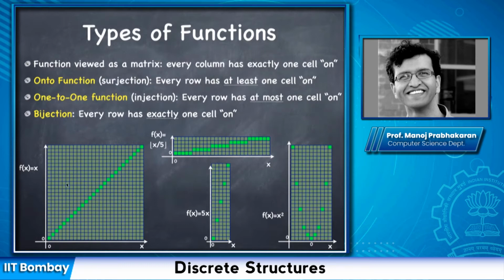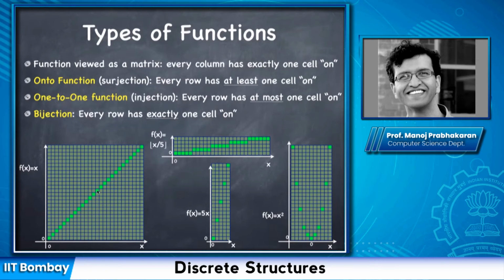So recall the way we represent a function as a matrix here. Every column corresponds to an element in the domain, and every row is an element in the codomain, and we switch on a particular entry for every column. So just being a function means every column has exactly one cell that is switched on.